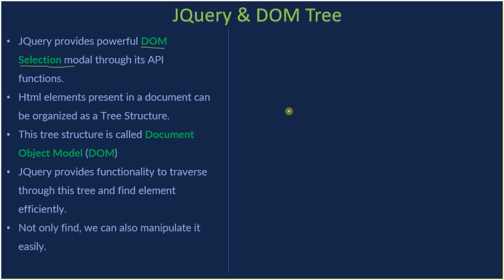Not only find, we can also manipulate it easily. That means if you find an element in the document object model, you can also manipulate it. So here we are talking about modification. You can also add a new element in a specific portion of the DOM tree.